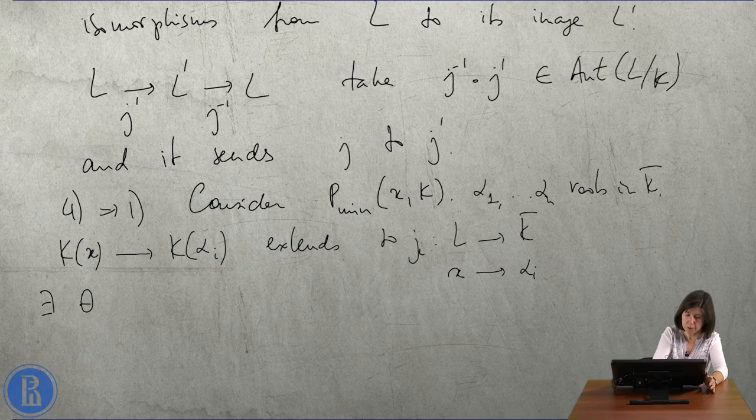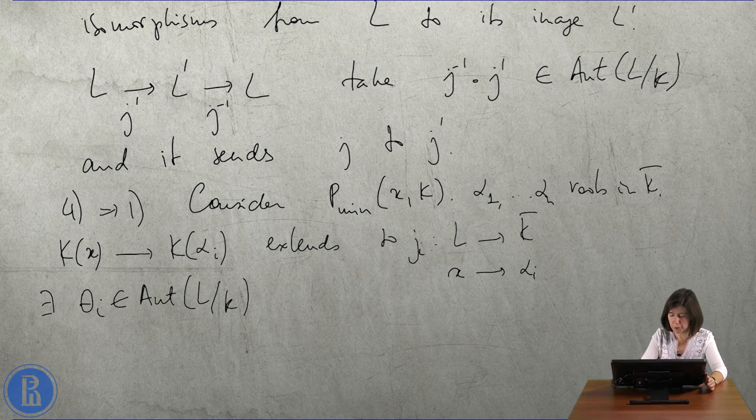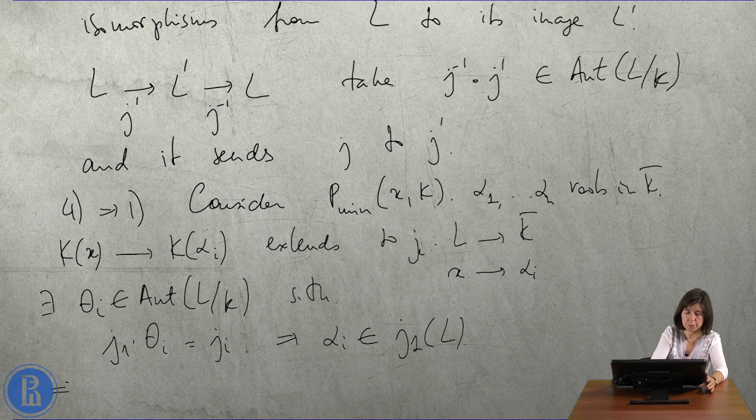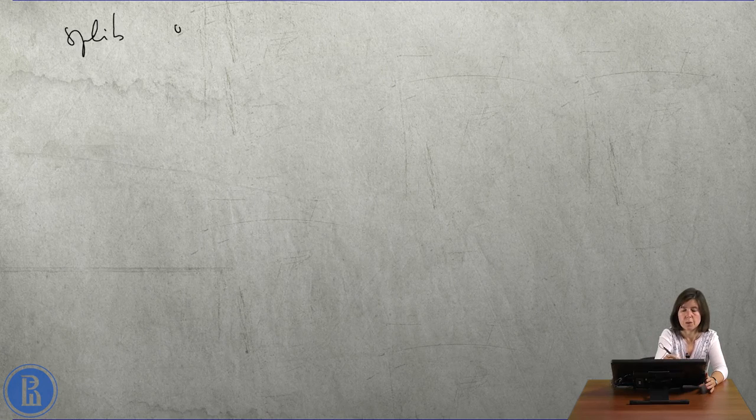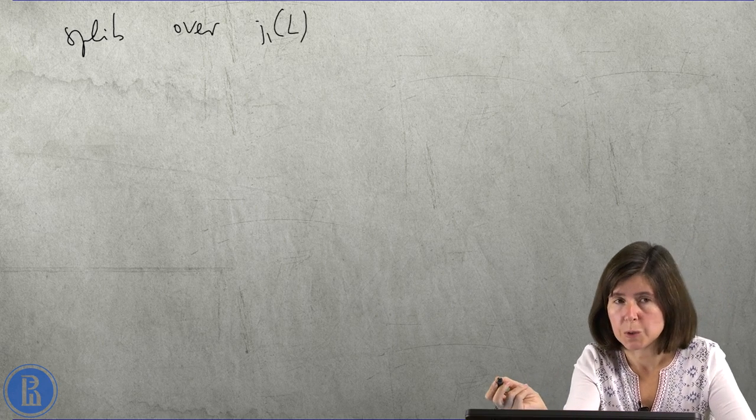And now I have theta_i, automorphisms of L over K such that J_1 times theta_i is J_i. So alpha_i must be lying in J_1 of L. So all roots are in J_1 of L, and the polynomial splits over J_1 of L, but this means that it splits over L.